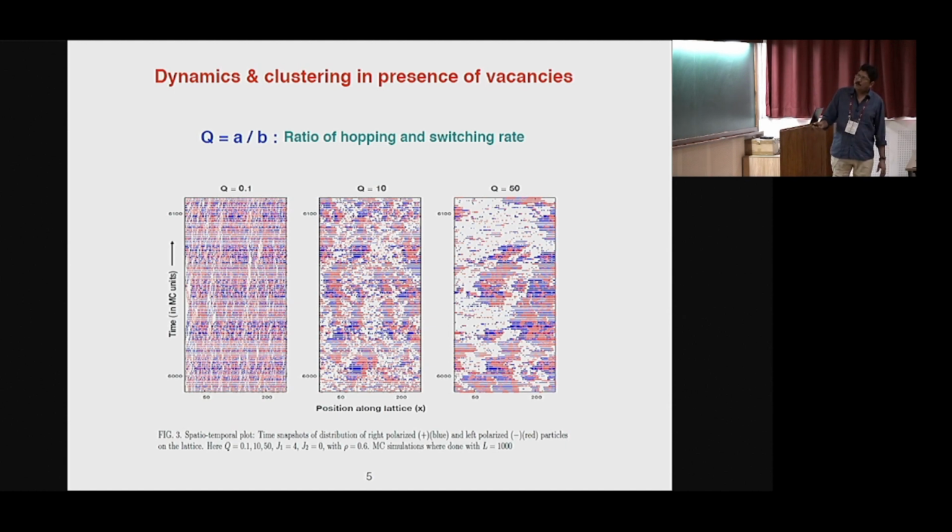What you also notice is that as you go to this high Q regime, you would typically have clusters where the boundaries have plus particles, or right moving particles, on the left end of the clusters, and on the right end of the cluster you will have particles which have left polarities, that is, particles moving to the left.